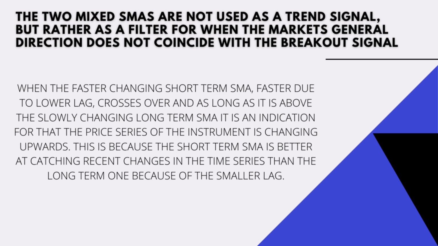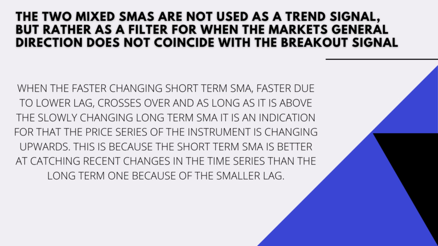When the faster changing short-term simple moving average, faster due to the lower lag, crosses over and stays above the slowly changing long-term simple moving average, it is an indication that the price series of the instrument is changing upwards due to recent events.